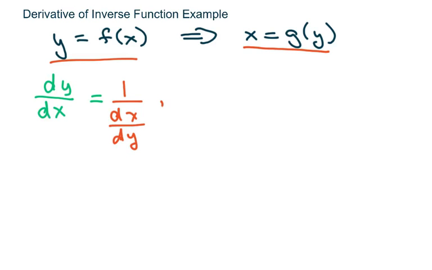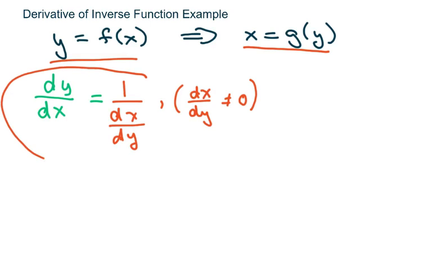And then in this case, we know that our derivative of x with respect to y cannot be 0. All right, so these are just two ways of writing the same thing. So therefore, we can take the derivative of x, which is going to be 1 over our dx over dy.